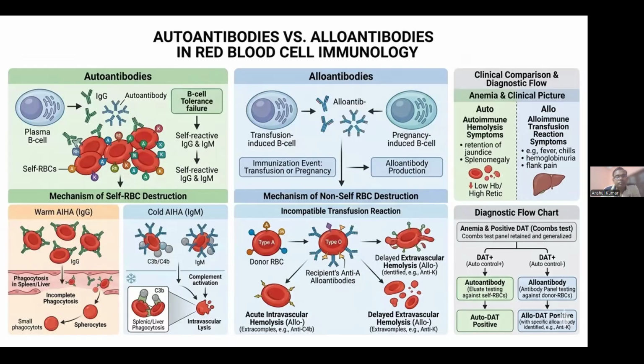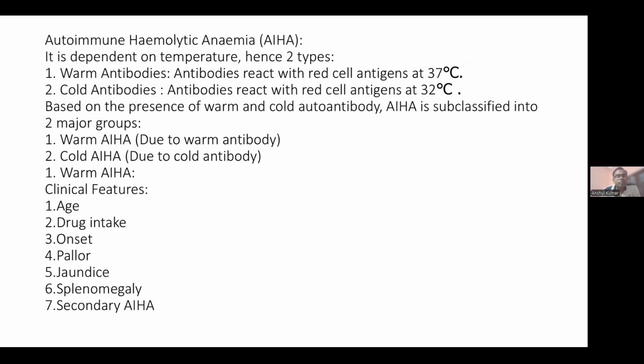The next mechanism is that sometimes a part of the red cell is taken up by the macrophages of the spleen, and that part of the red cell is lost, and the remaining RBC assumes a spheroidal shape, and spherocytes are formed, which are sequestered in the spleen. Second, they lose their biconcave shape. The RBCs of biconcave shape become spheroidal, and spherocytes are then destroyed or sequestered in the spleen.